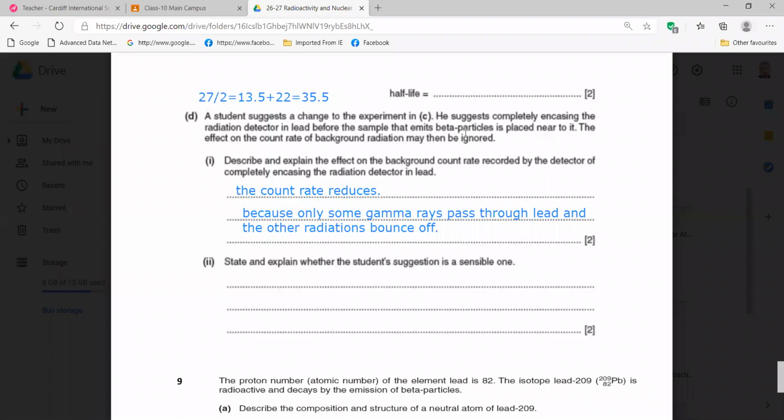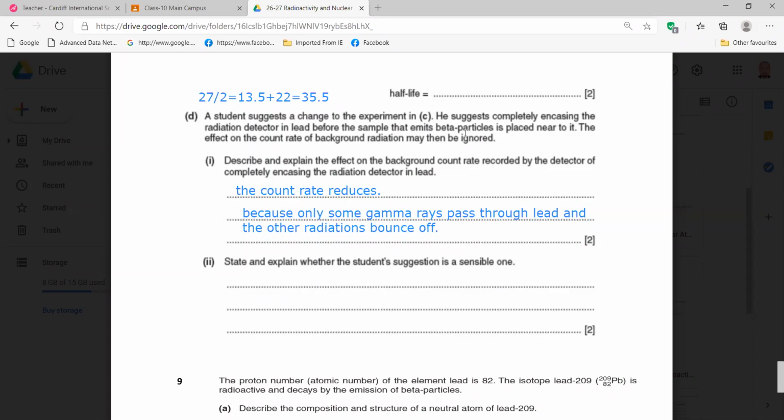Okay. Now the other part of the question. State and explain whether the student's suggestion is a sensible one. Now you can answer it. No, it is not. Why not? Because the source is beta particles, and the beta particles will be stopped by the lead and won't even go through it.